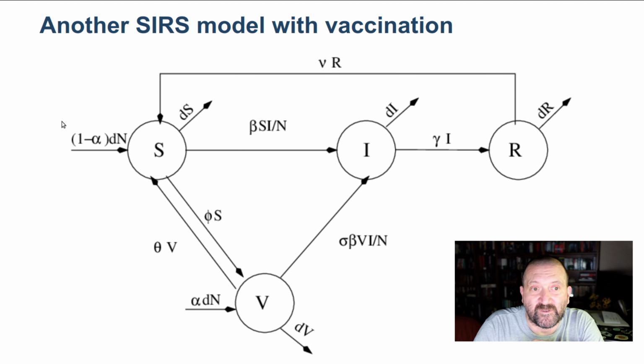First of all, notice that there is vaccination at birth, and 1 minus alpha is not vaccinated. Once you're susceptible and not vaccinated, you end up vaccinated at the rate phi, but you lose vaccine efficacy at the rate theta V. And when you've lost the protection of the vaccine, you move directly back into the S class.